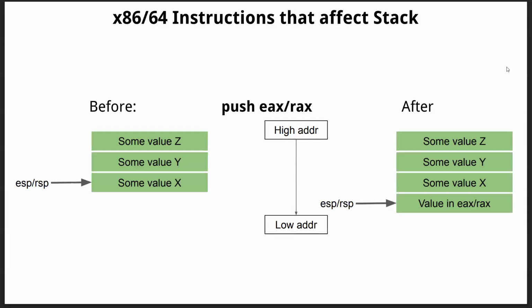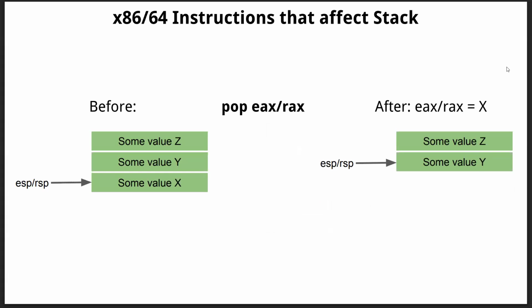The stack goes from high address to low address. On the stack, there are already some values, Z, Y, and right now ESP, RSP points to X. Now we run this push instruction. After we execute it, the value in EAX will be stored at the address lower than X. Then ESP or RSP points here. As simple as that.